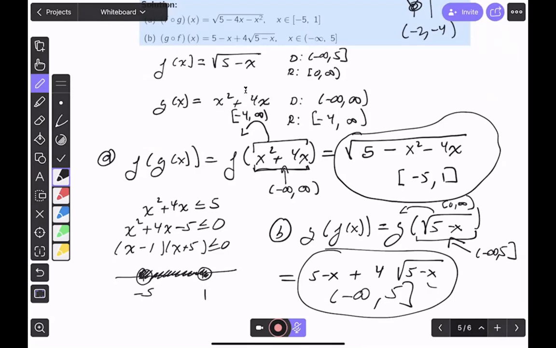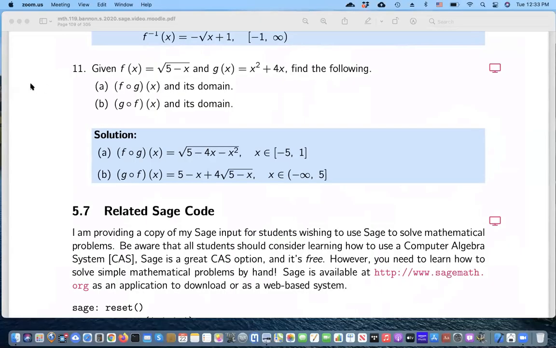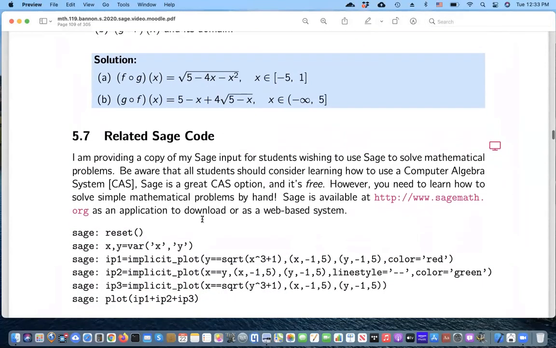All right, so I'm going to say we're done with the whiteboard. And I want to just briefly go back to talking about SAGE. All right, so let me do another screen share with you. So we're at the related SAGE code section.